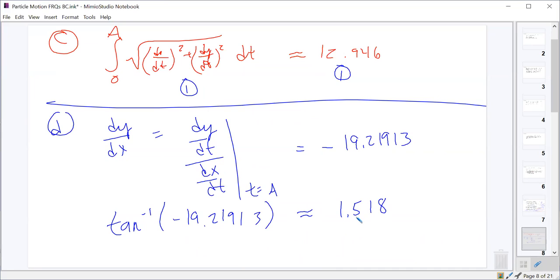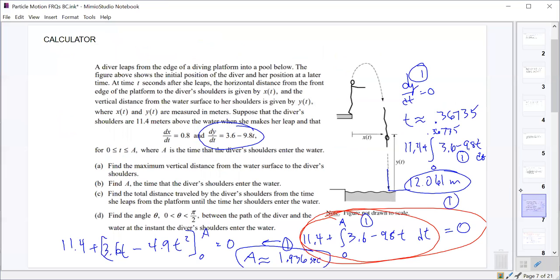So about pi over 2, pretty darn close to pi over 2, which makes sense because the diver should be entering pretty much straight vertically, at almost a 90-degree angle to the water.